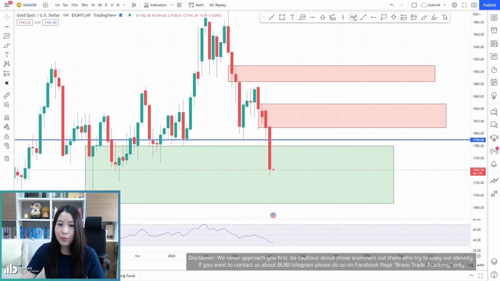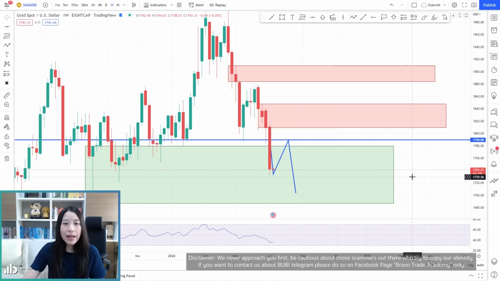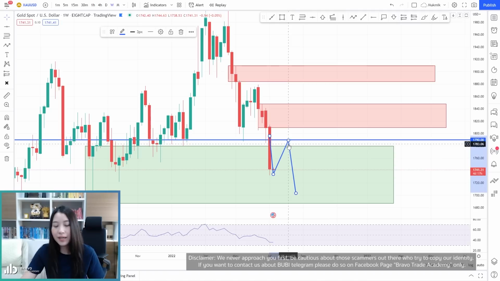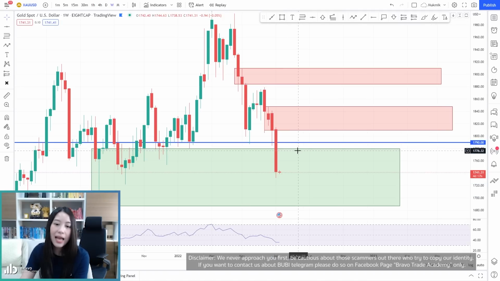So if the price crosses these supports, it will turn itself into the resistance. So in the weekly time frame, it could have happened like this picture, right? So that's the trend and the zone and the resistance.